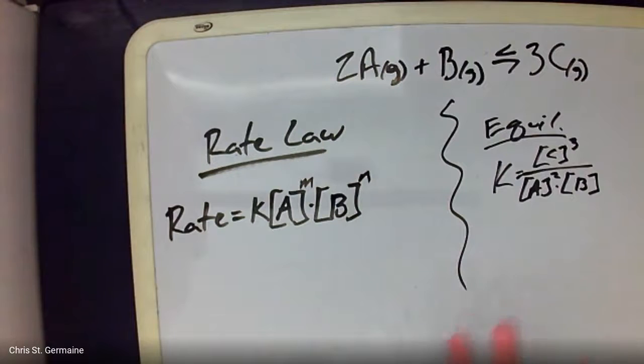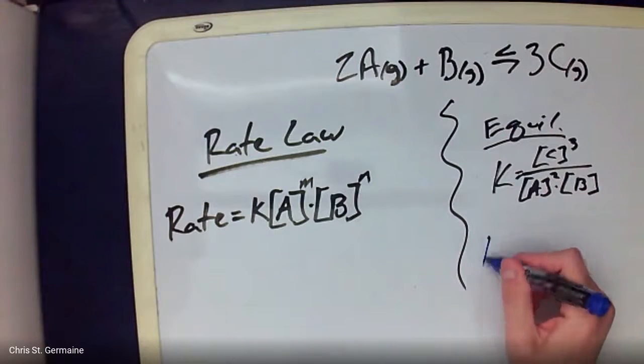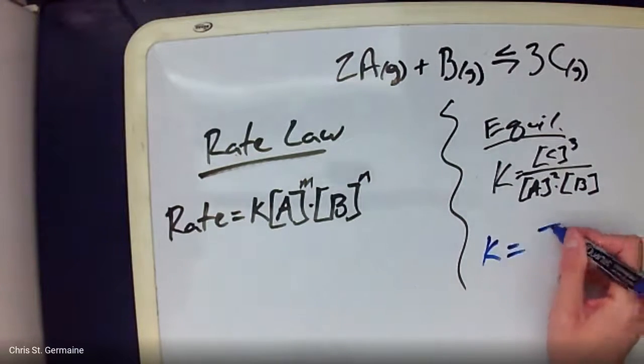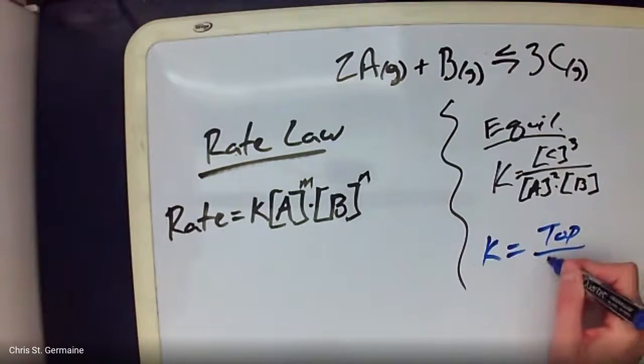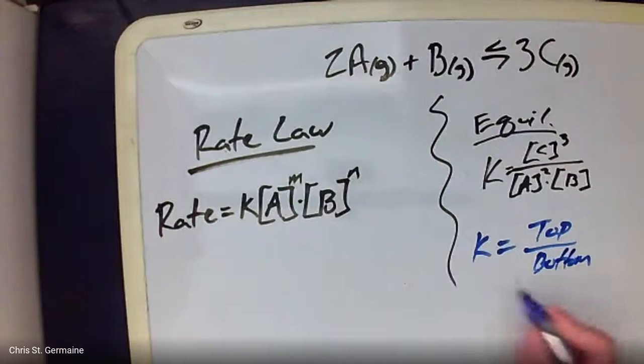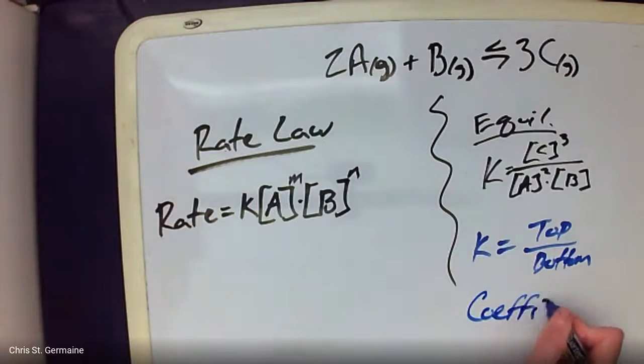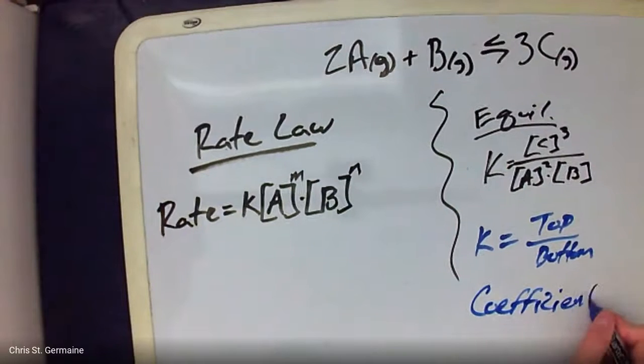All right. So there's a couple differences, right? Equilibrium, it's K equals top over bottom, and the coefficients are exponents, right?